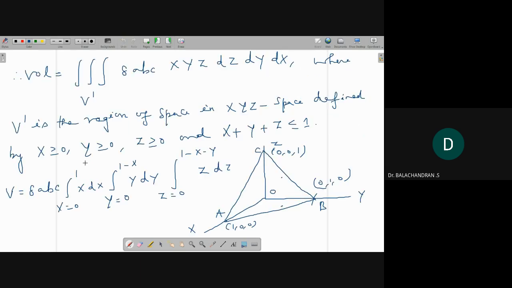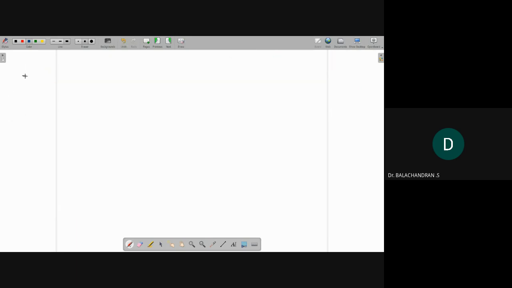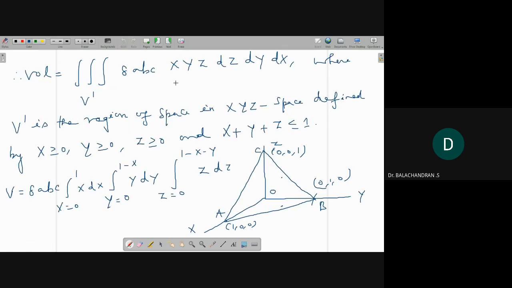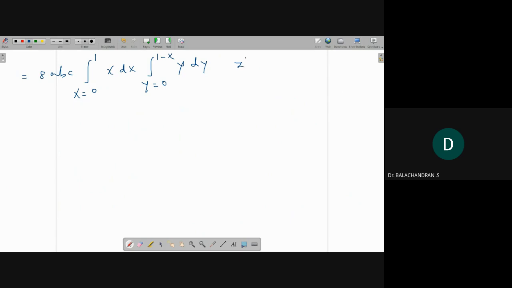Okay, 0 to 1. So now if you integrate, what you will get? 8ABC, x varies from 0 to 1, x dx, y varies from 0 to 1 minus x, y dy. If you integrate this, z square by 2, z varies from 0 to 1 minus x minus y.